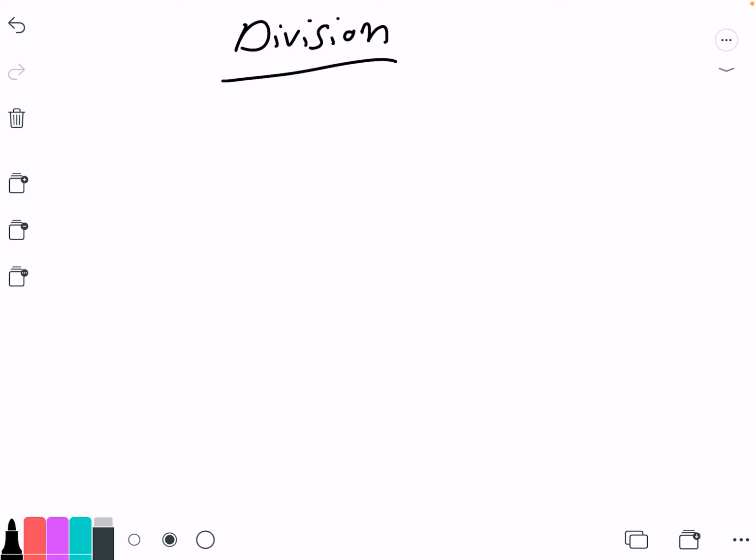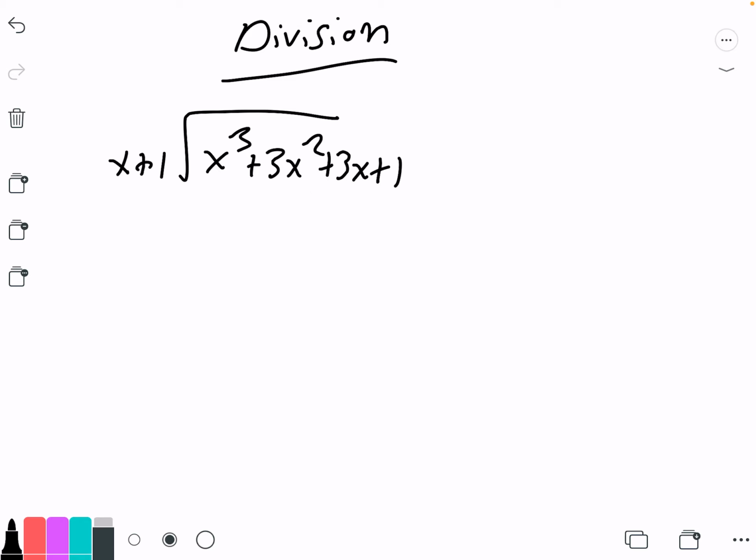So division for polynomials is, again, like addition and subtraction. It is really similar to the standard long division that you've learned before. So let's do x cubed plus 3x squared plus 3x plus 1 divided by x plus 1.